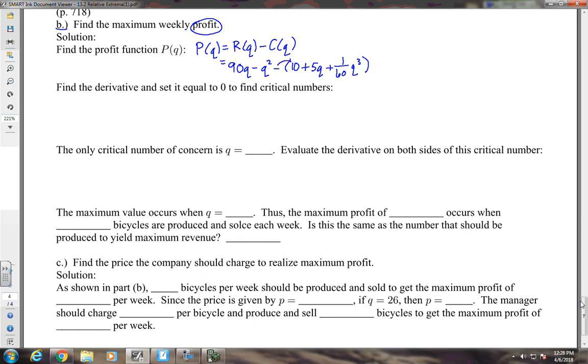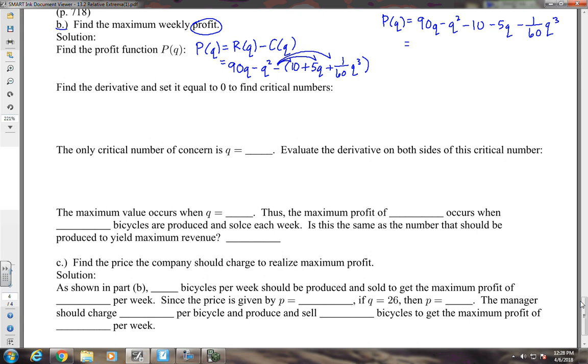So I need to distribute this negative and see about combining like terms. So simplifying, the first two terms are going to hang out for a minute while I distribute the negative to get minus 10 minus 5Q minus 1 over 60Q to the third power.